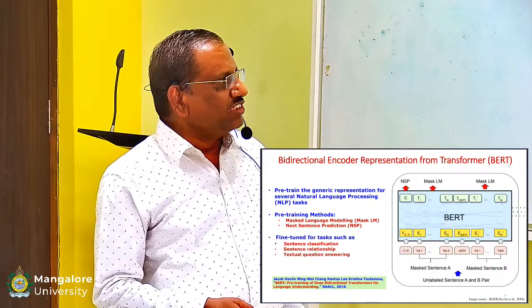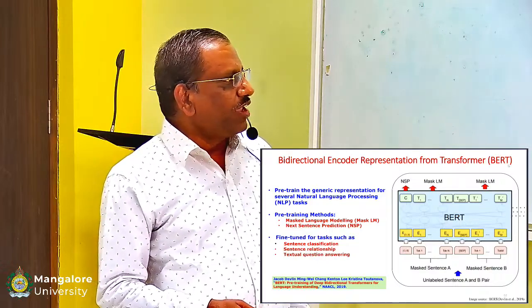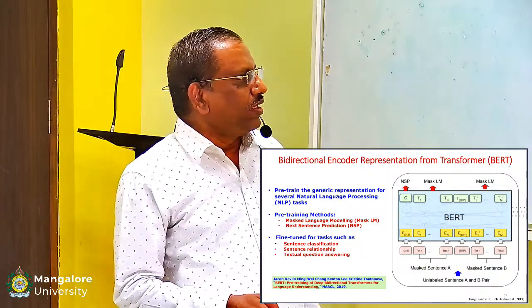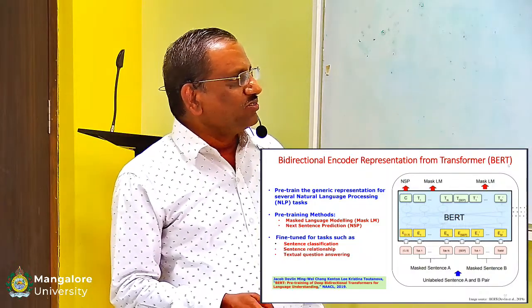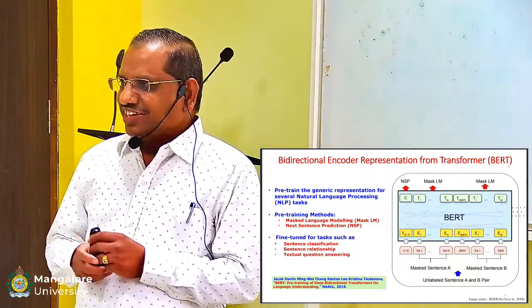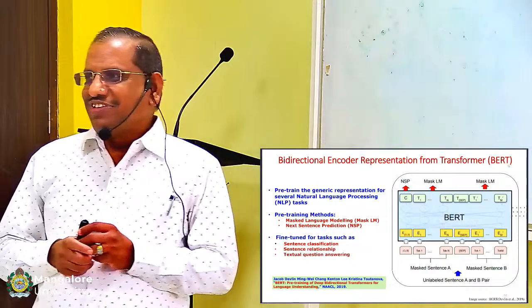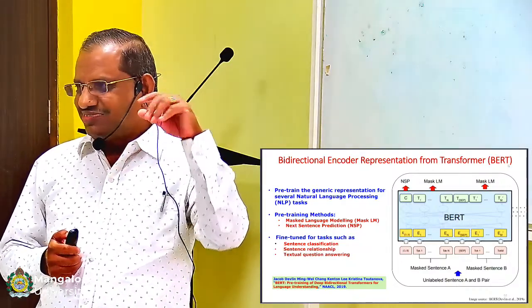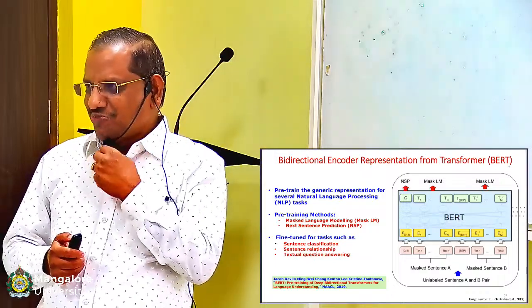Suppose I have a sentence. It's an unlabeled sentence. Then what we do is we mask a few words in the sentence. Then we train the model to predict these masked words in the output of the model.